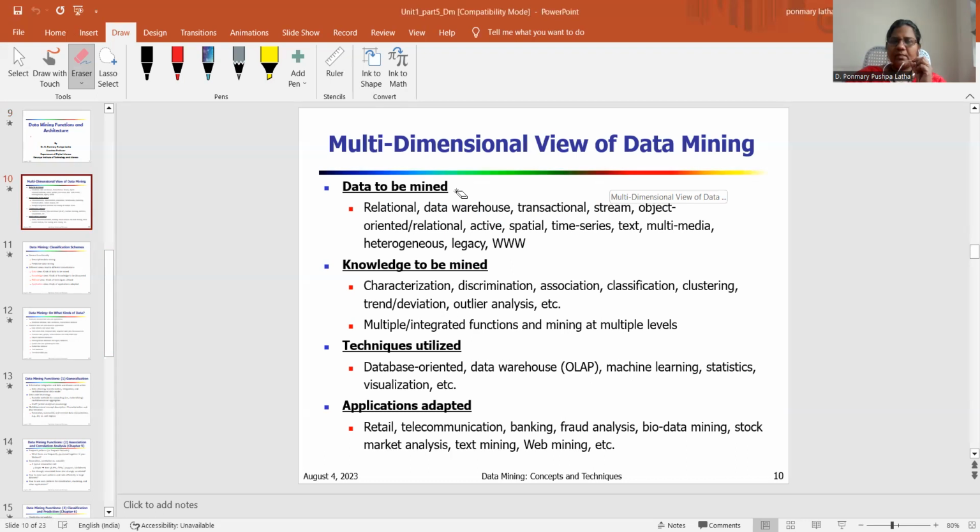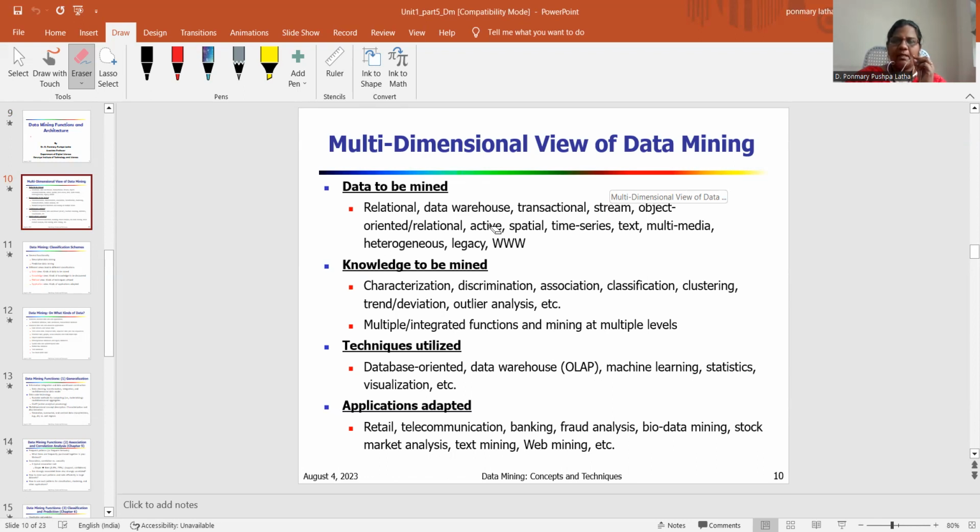First of all, we have to be clear about which data we are going to mine, whether spatial data, time series data, or text data. You have to define it.